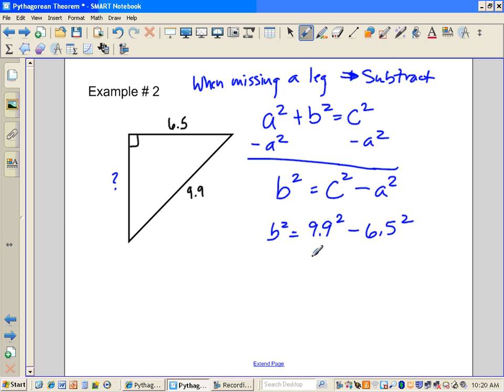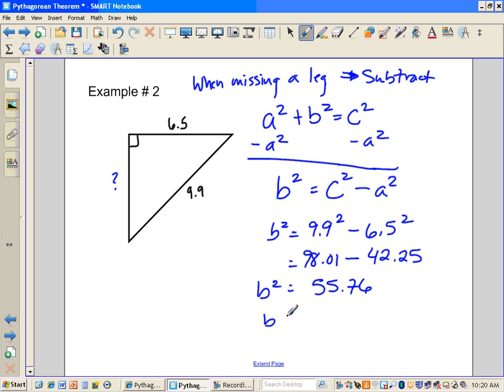Well, 9.9 squared is 98.01, and 6.5 squared is 42.25. So this all works out to be 55.76, and that's what b squared is.